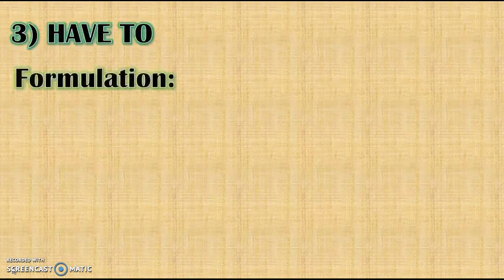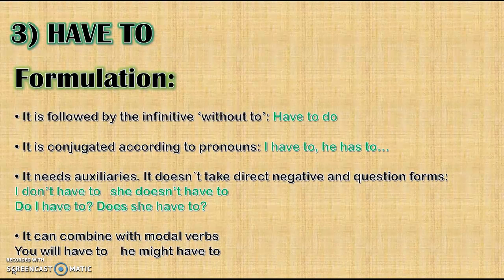Now let's see the last modal verb, that is have to. Its formulation is different from the other modal verbs that we studied before. It is followed by the infinitive without to. For example, have to do. On the other hand, it is conjugated according to the pronouns.